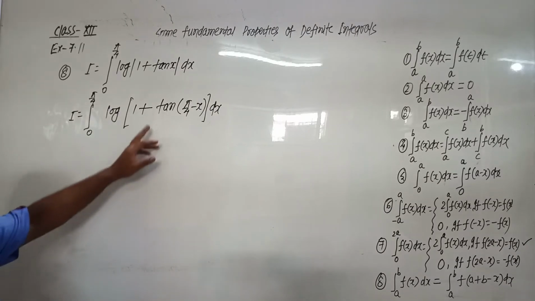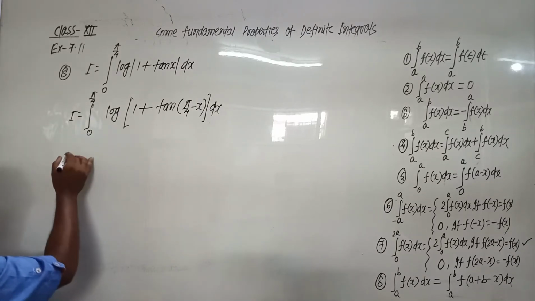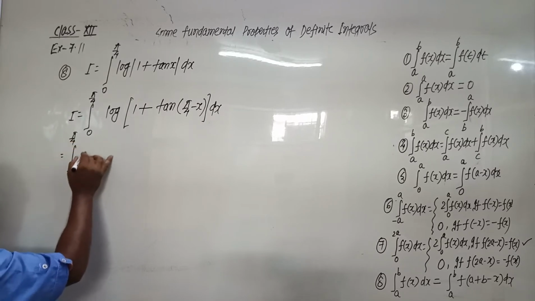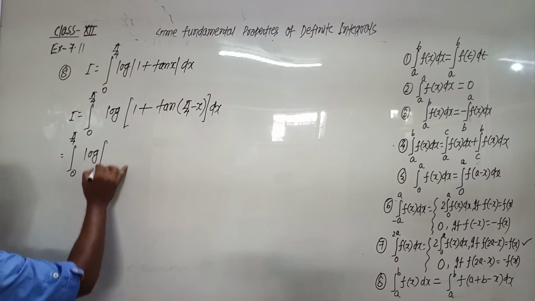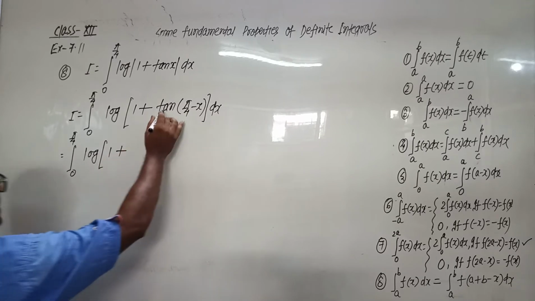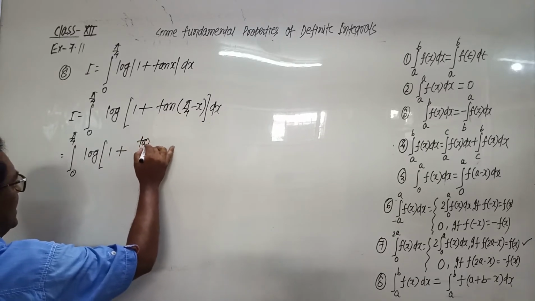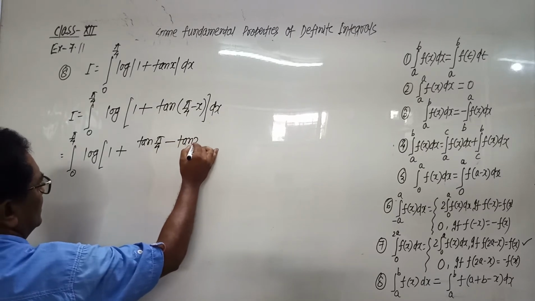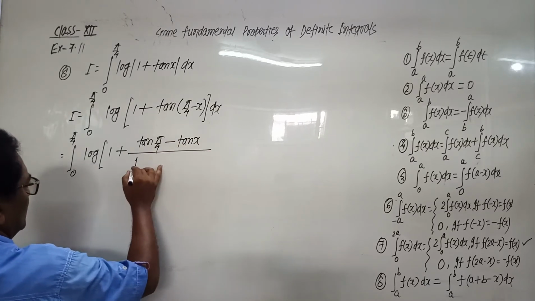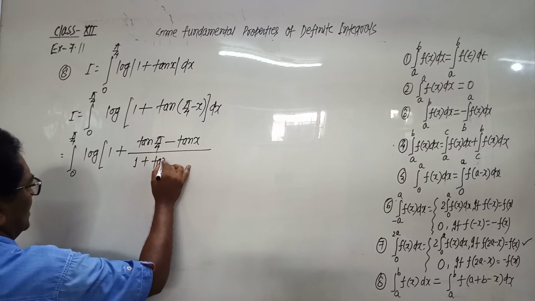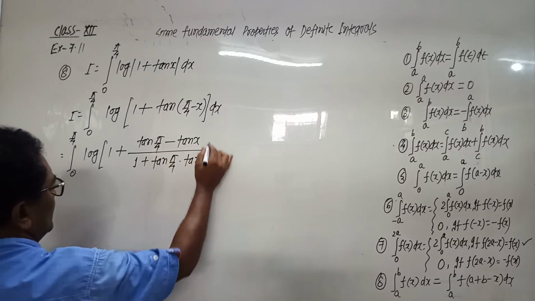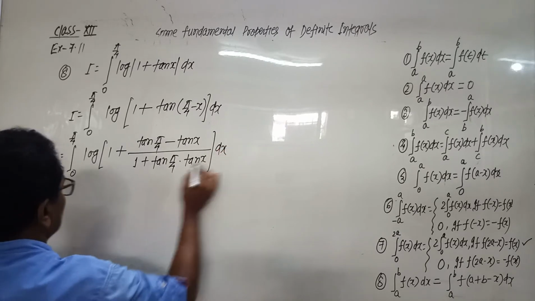Then use the formula tan (a minus b). So integration 0 to pi by 4 log 1 plus (tan a minus tan b) upon (1 plus tan a into tan b) dx.